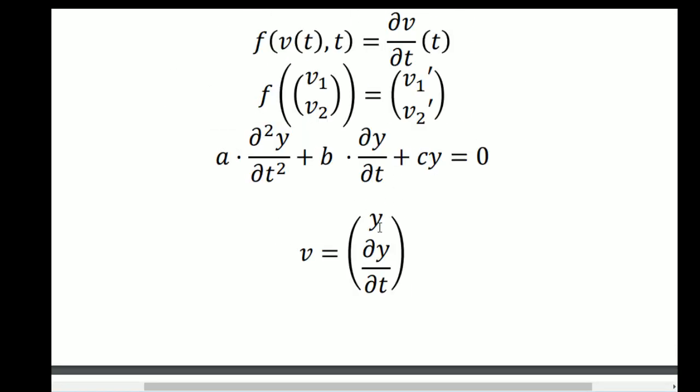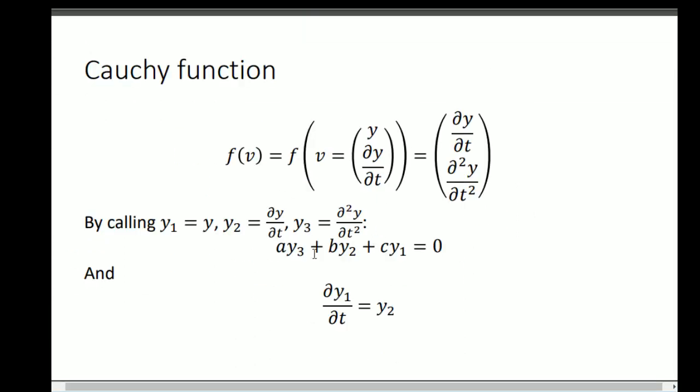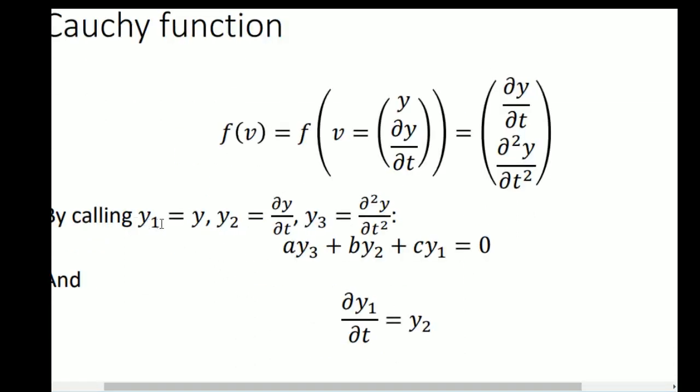But what are those equations? We call y1 equal to y, y2 equal to the derivative of y over t, and y3 being the second derivative over t. So we can replace our first equation, and this will parameterize a system.